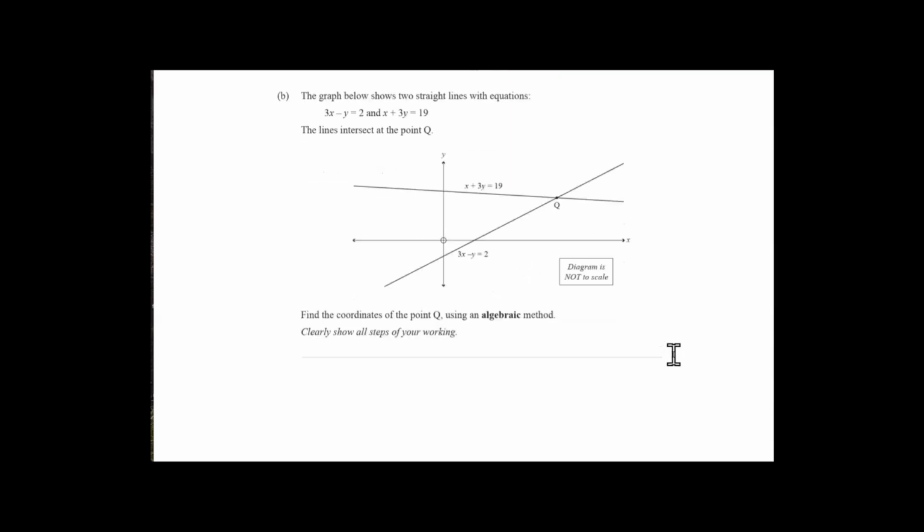Let's do it in the kind of cancelling method. We can make this equal to x and this equal to x, or this equal to y and this equal to y, and do it that way. So let's do it like this: x plus 3y equals 19.